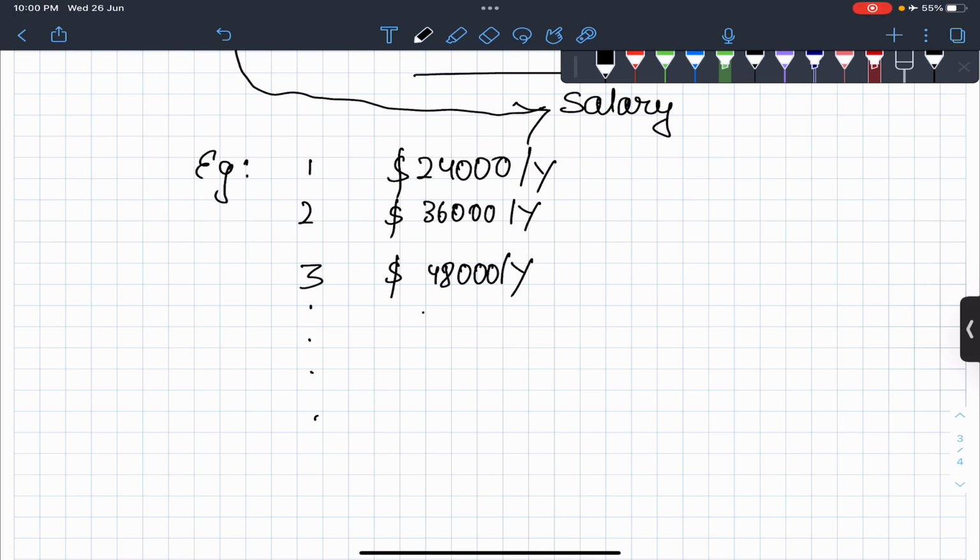Now we found a relationship between them: it is increasing in a linear way. It is not going exponentially, like at the fifth year you got that much salary. No, not like that.